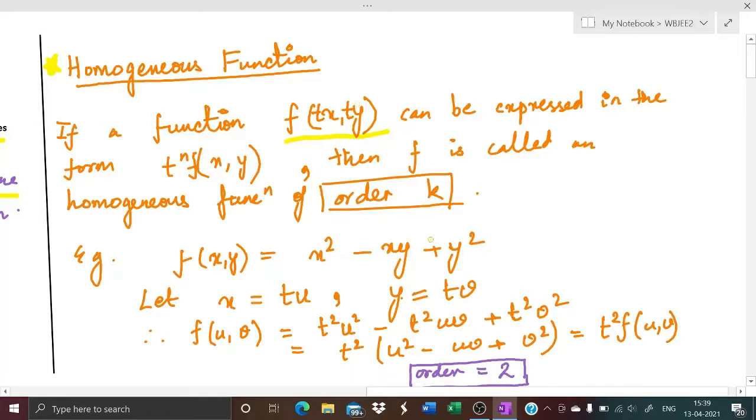So if a function of the form f of tx comma ty can be expressed in the form t to the power n into f of x y, then your function f is called a homogeneous function, and the order of that particular function would be n. This t to the power n, whatever you are getting, this value n is the order.